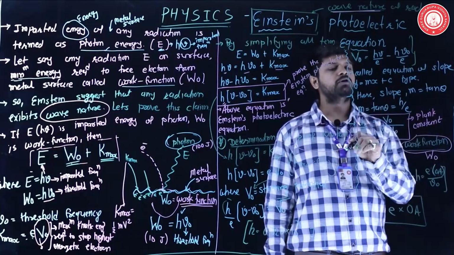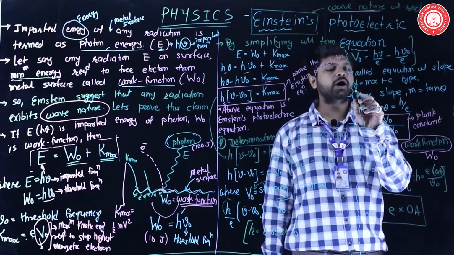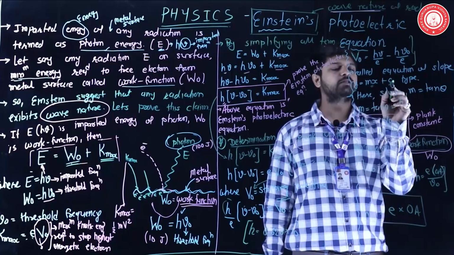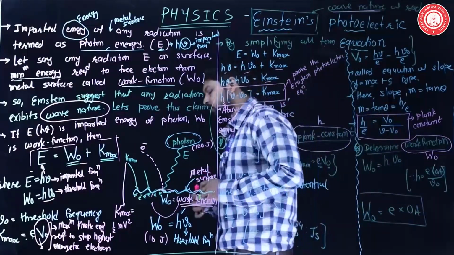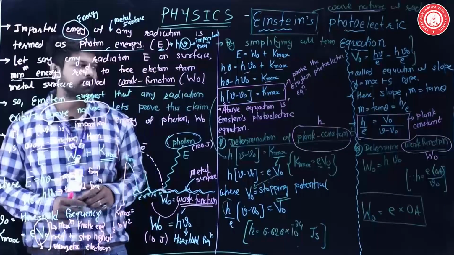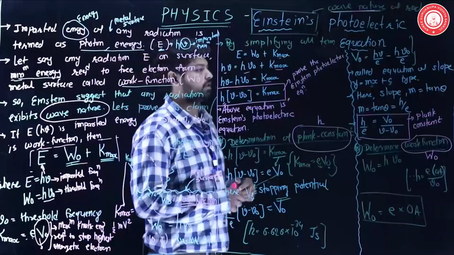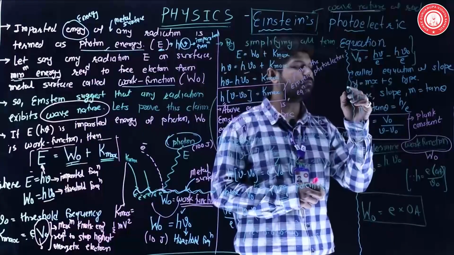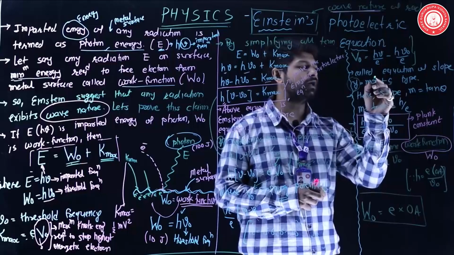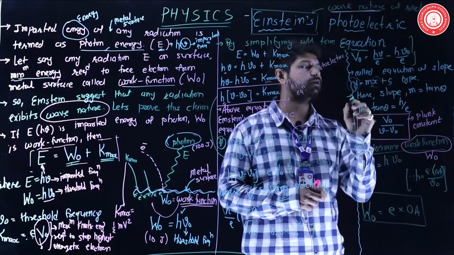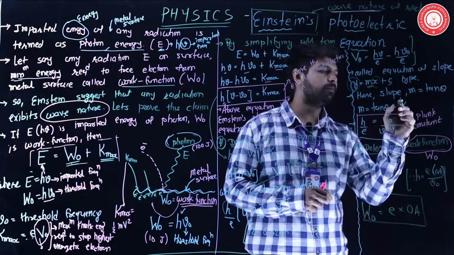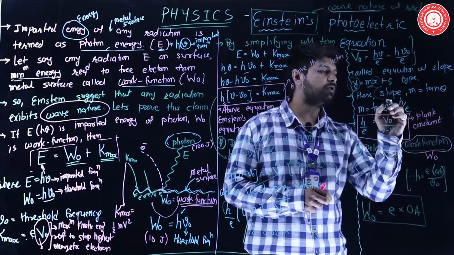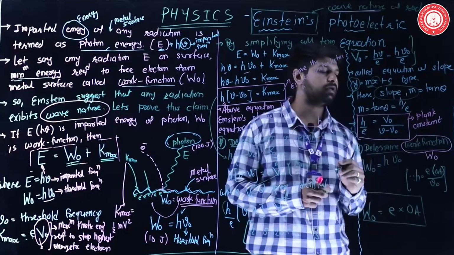As you know, the equation of a slope is y equals mx plus c. What is the physical significance of this equation? You should know that y is equal to mx plus c, where y is a mathematical function, x is also a mathematical function, but m is my tan theta, my slope. m is my slope over here.